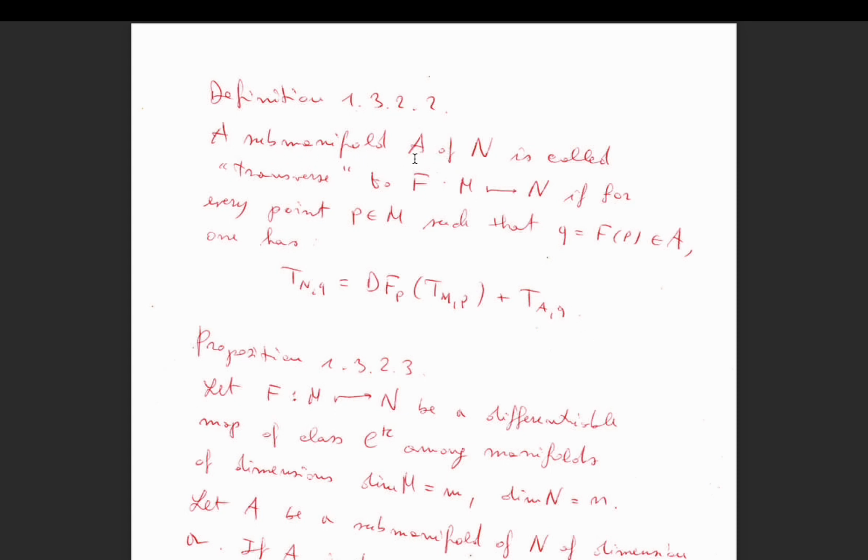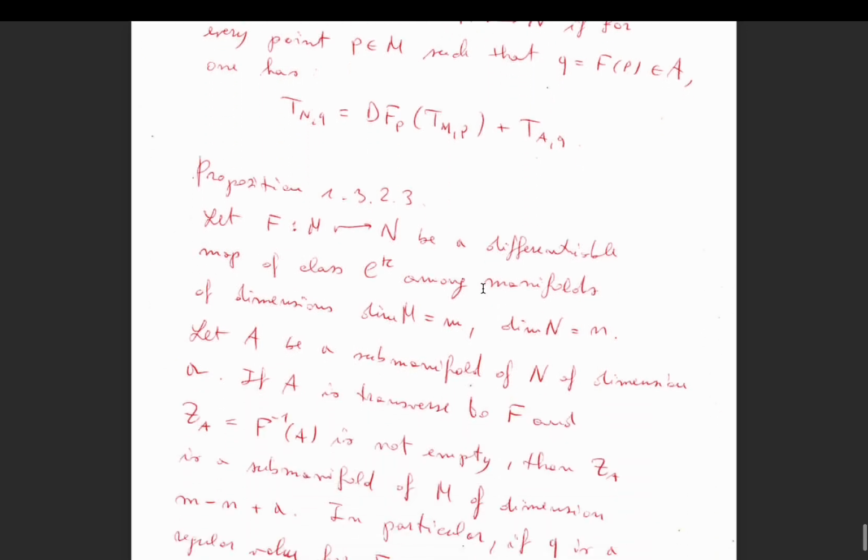So let f be a k-regular map from a manifold M into a manifold N. We say that a submanifold A of N is transverse to f just in case for each P belonging to M and Q equal f(P) belonging to A, one has that T_Q N is equal to the image via the differential of f at the point P of T_P M plus T_Q A. Transverse.